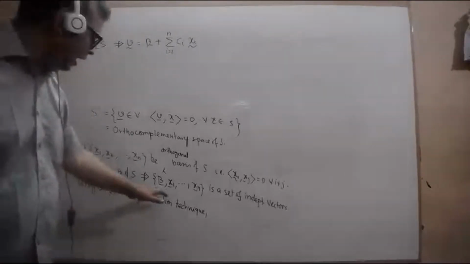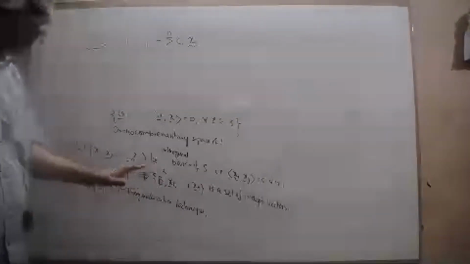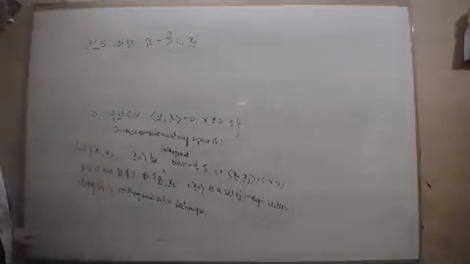Together with this beta, this is a set of independent vectors.